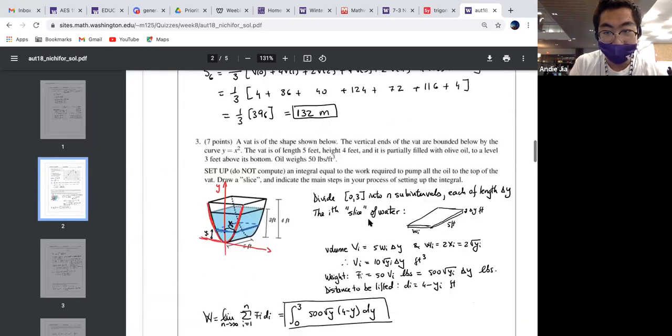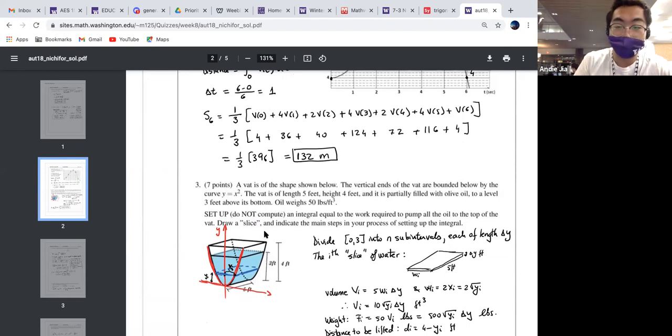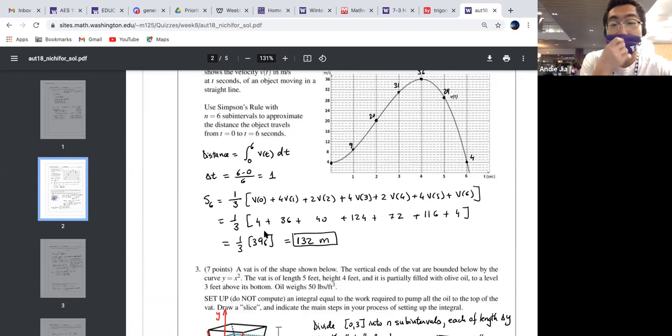So here's the thickness. Each is a slice of the water, and the volume is, in this case, since it is the height, a y bound. So we need to use y as a variable.